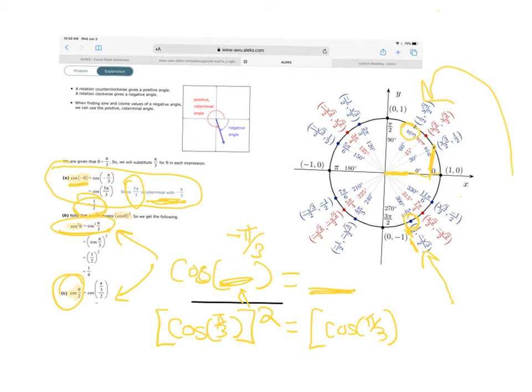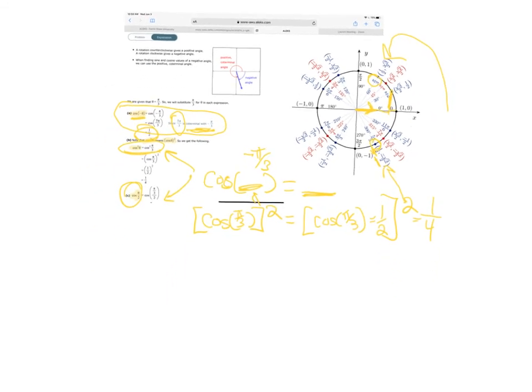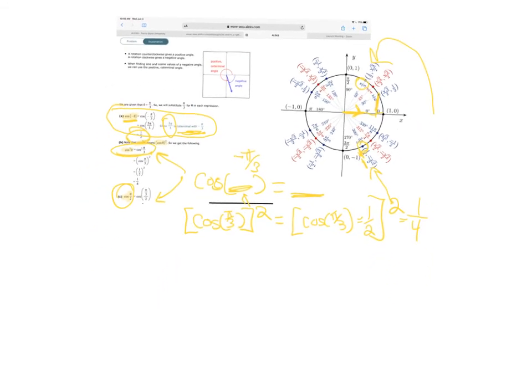Because I go over 1/2, and that's always positive. So that is equal to 1/2. Whatever answer I get, I square it. And so the answer is 1/4. Okay? I'm going to move this out a little bit. All right, so let me know if you have any more questions about that.